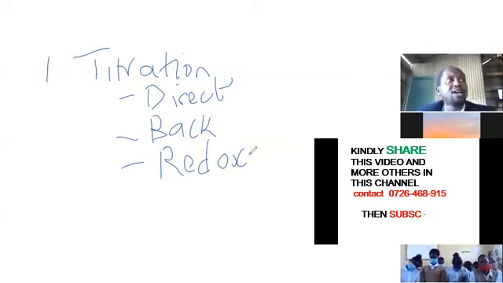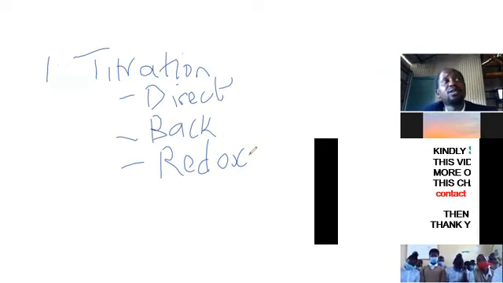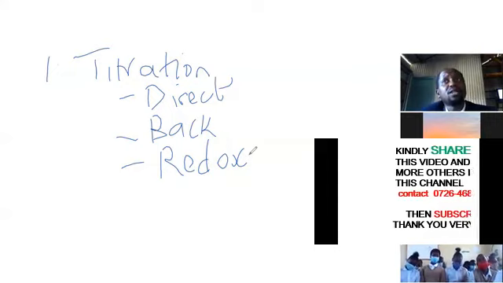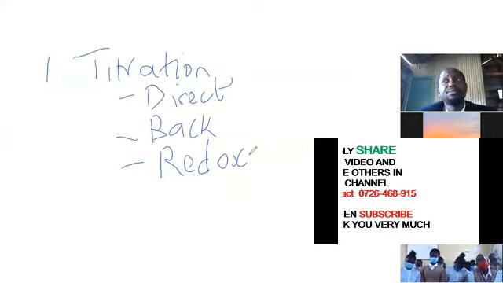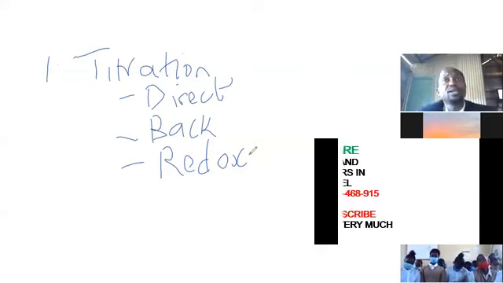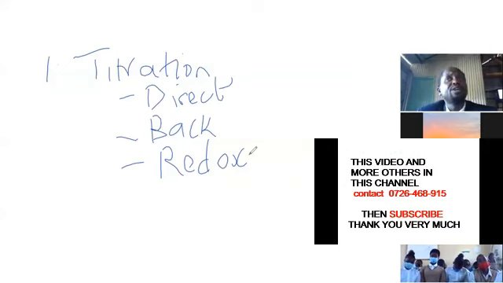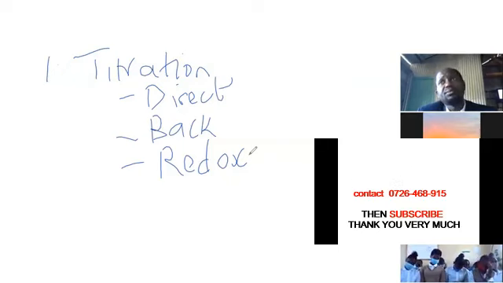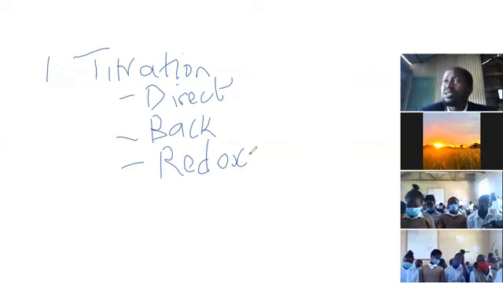So the basic about back titration, we normally have a pure substance which has a high concentration being reacted with another substance. But because of its high concentration, that first substance is not completely used up.